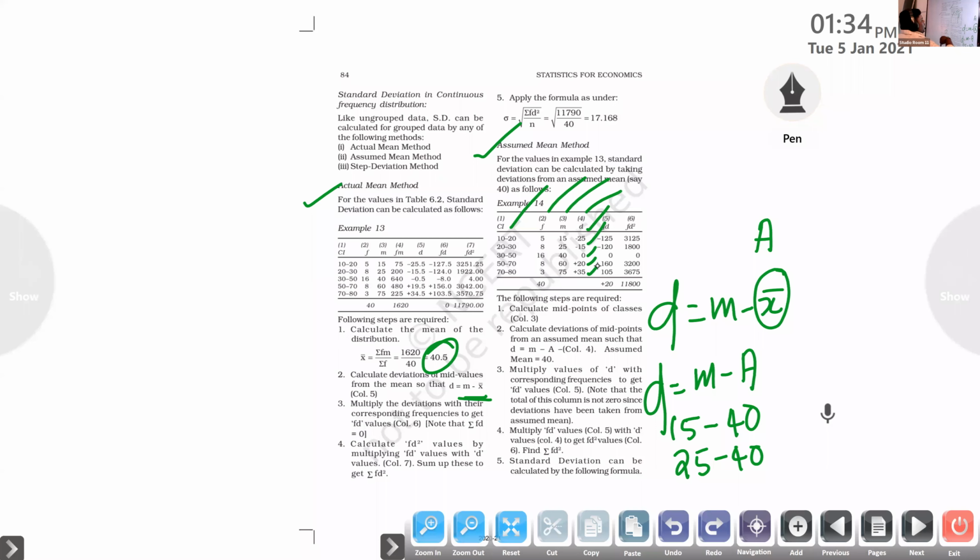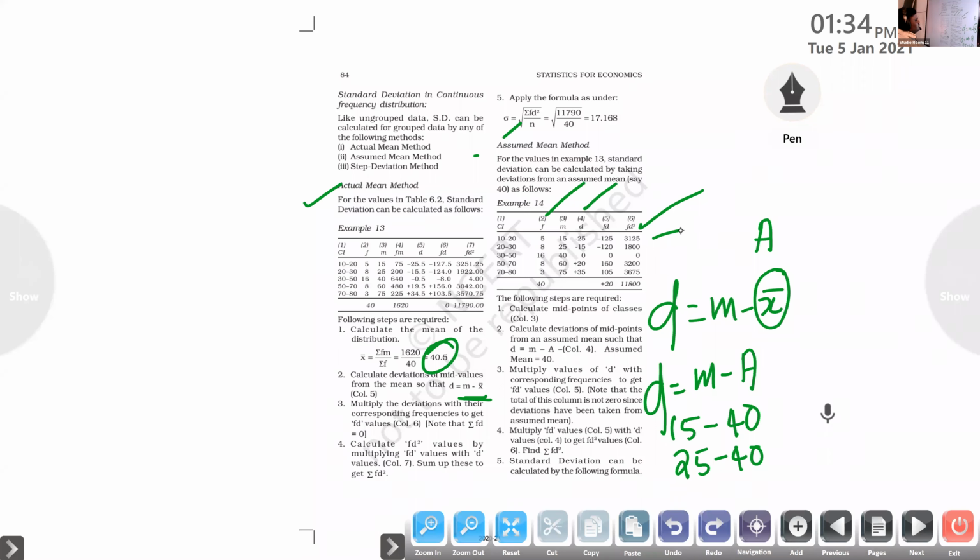Next one, F into D. Frequency is here, D is the deviation. So 5 into negative 25, so we get negative 125. Then FD square we want to find: negative 125 into negative 125 gives 3125.